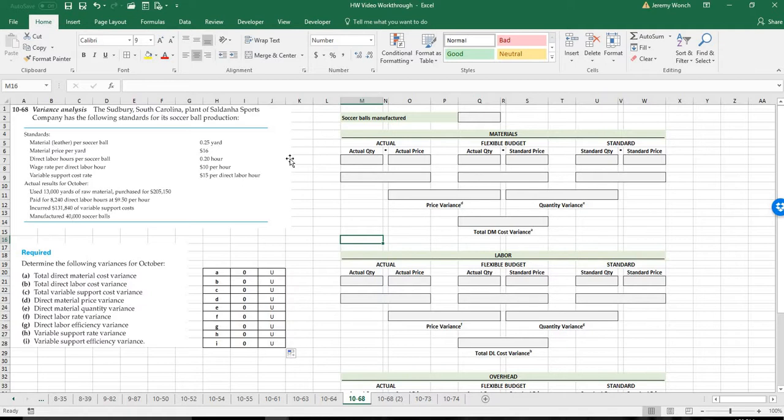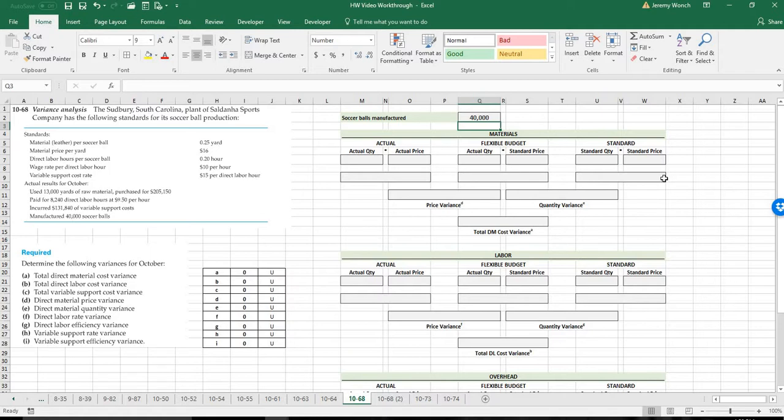And so first off, we want to know, hey, how many soccer balls did we actually manufacture? It says right here that we manufactured 40,000. So let's plug that in. What this does is we plug in our actual information, so the actual quantity used, since we're talking about materials, the actual price, and then over on this side we have the standard quantity used and the standard price.